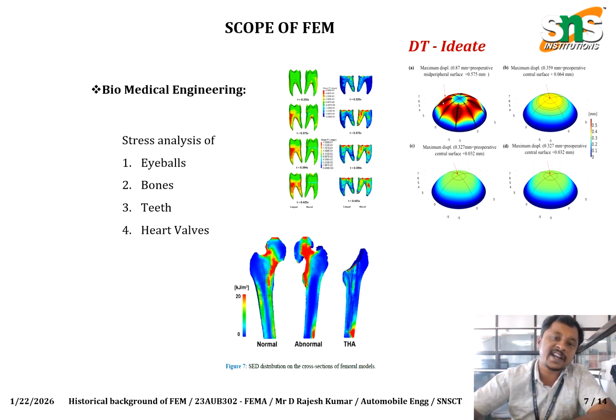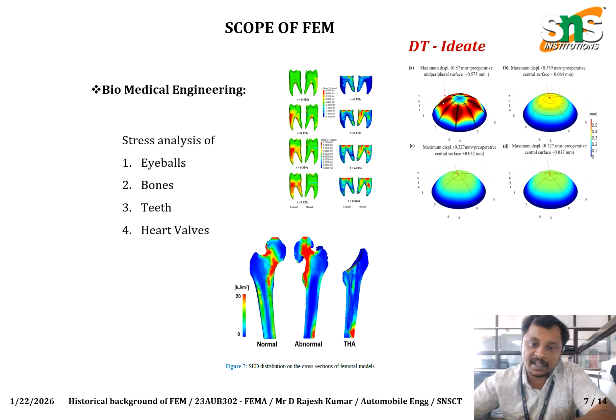What force is acting on the teeth can also be measured. And the lens, the specs is replaced by a lens. The lens is placed in front of the eye, right? When there is a load acting because of the fluids present in the eyes, how much pressure is acting upon the eye lens can also be analyzed. And in the bones you can see how the bones are behaving, what load is acting, how the bone can withstand it. All these types of analysis can be done by using this finite element.